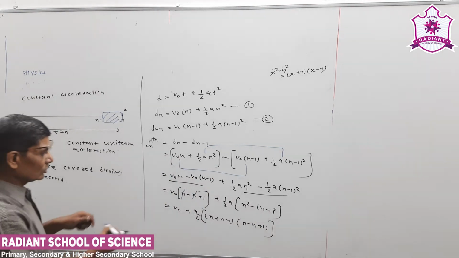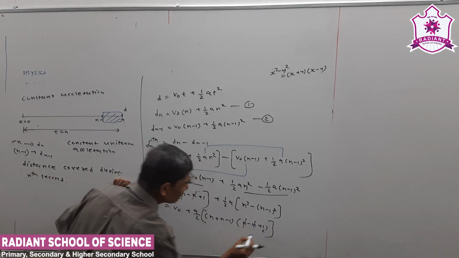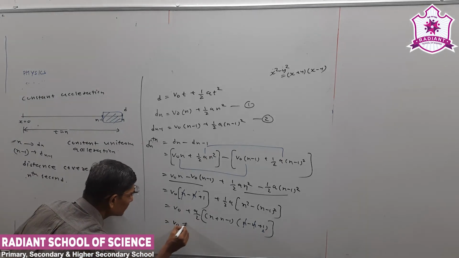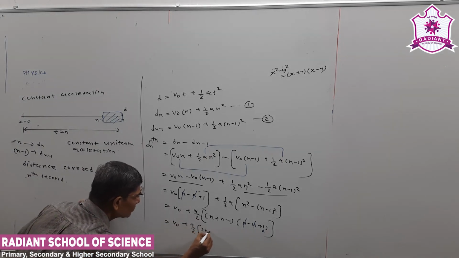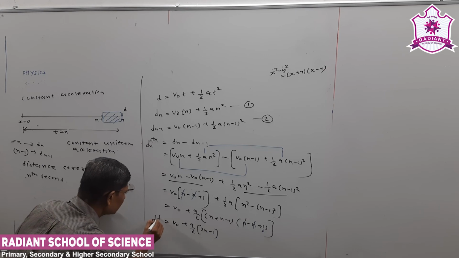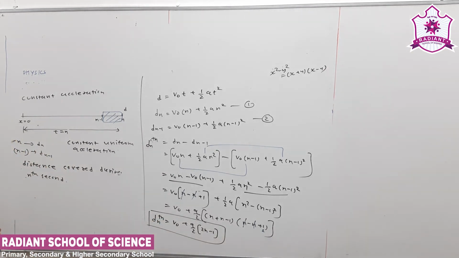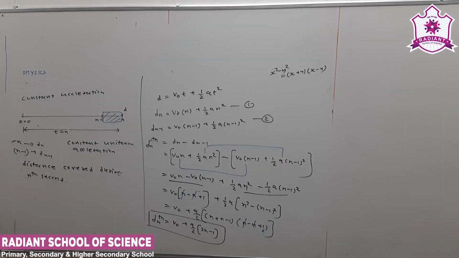Okay, so this term will become 1 and this will be 2n minus 1. So v0 plus a by 2 into 2n minus 1. See, this is the equation of the distance covered during the nth second. Okay, so this is how we can obtain the equation.